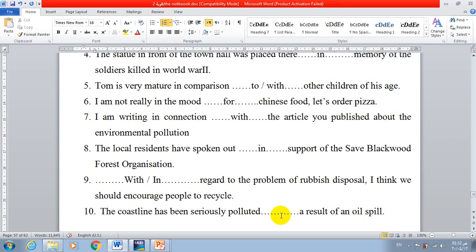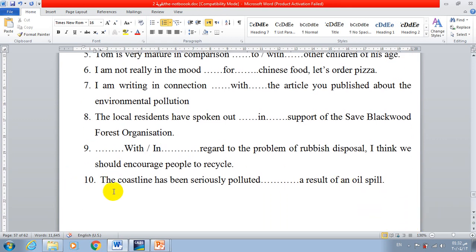The last question for today is number 10. The coastline has been seriously polluted spaces a result of an oil spill. Yes, here we must use as.